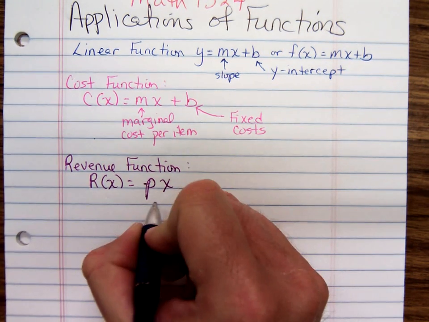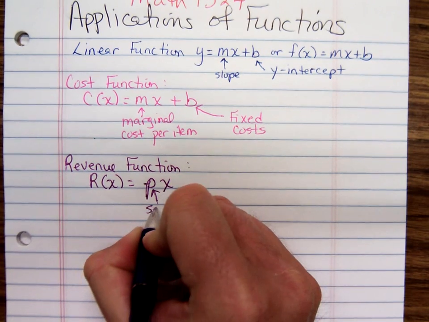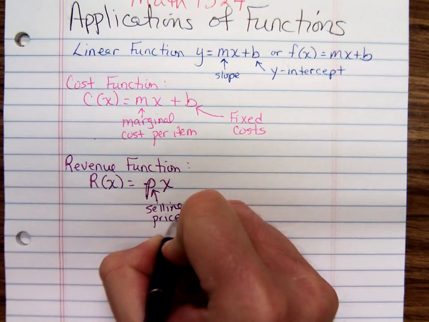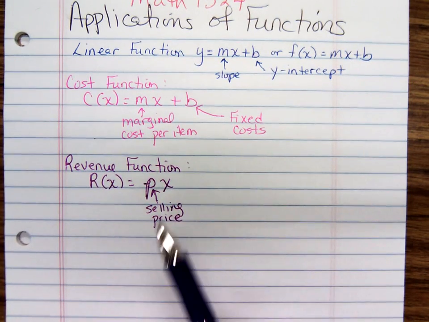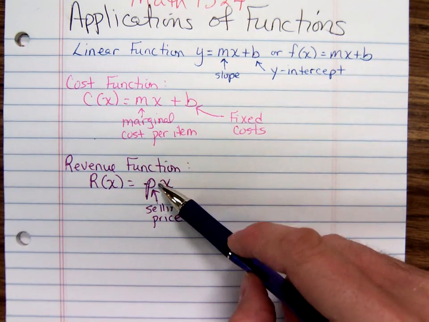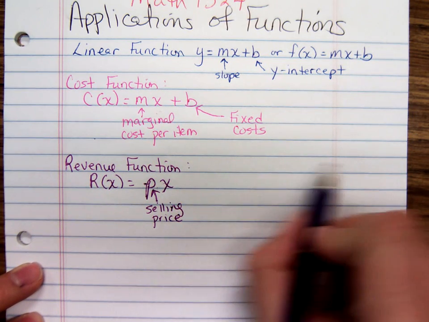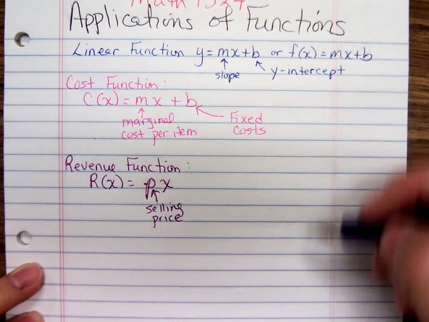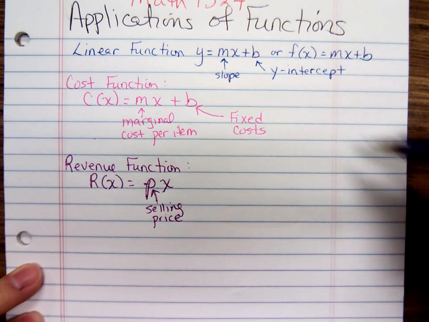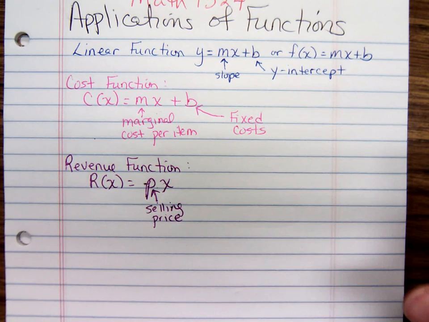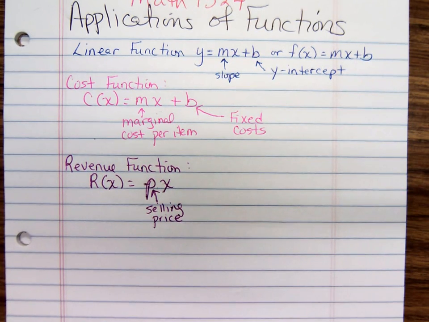This lowercase p is the selling price, and I haven't mentioned, but x is always quantity. In economics, generally x is on the x-axis, that's quantity, and the y-axis is dollars. So selling price times quantity.